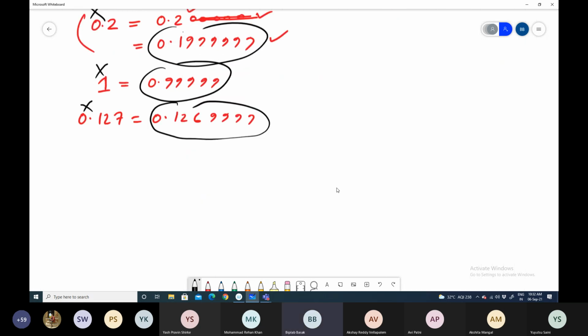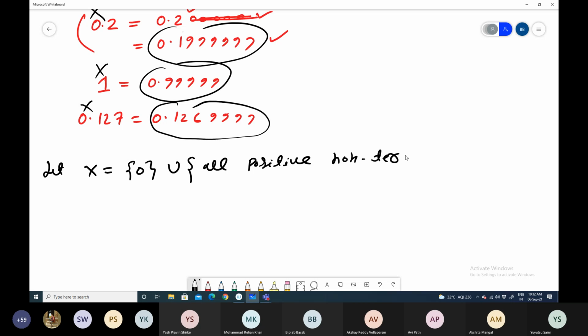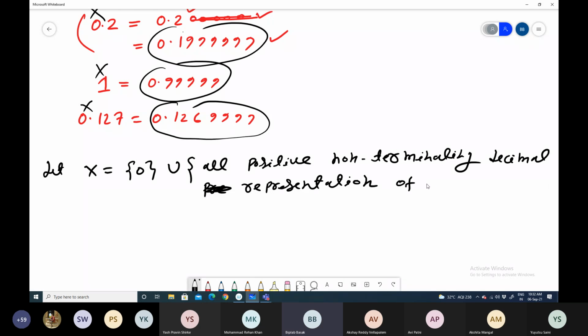Okay, and then we can write let X equal to {0} union all positive non-terminating decimal representation of the elements of this.